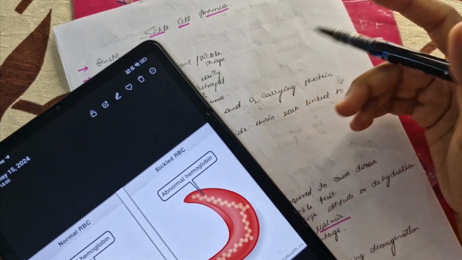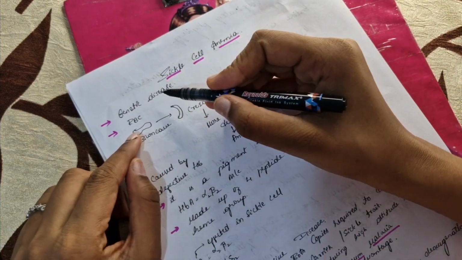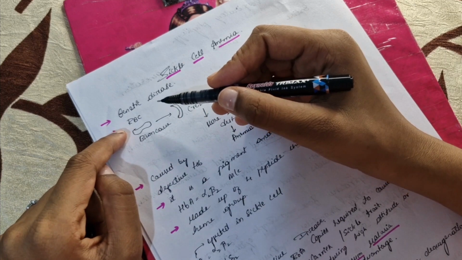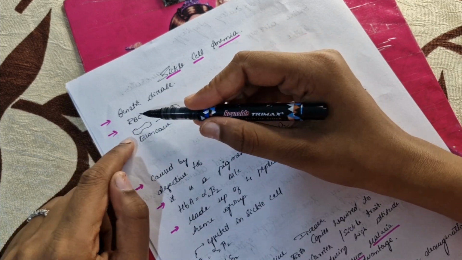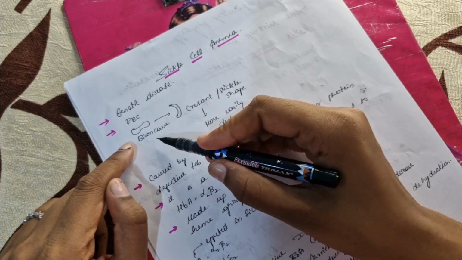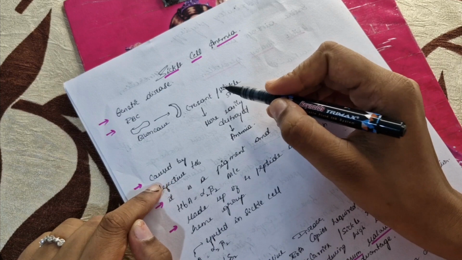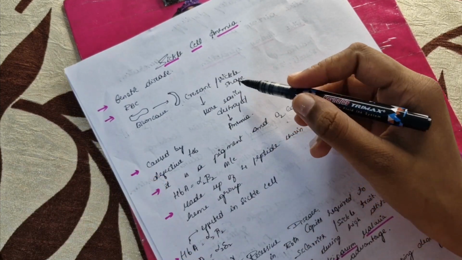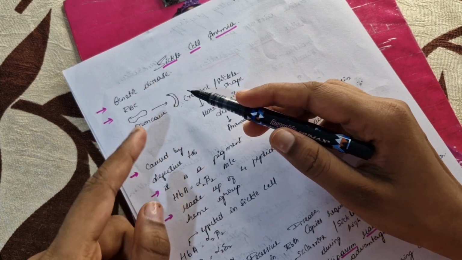We will see the diagnosis, treatment and everything in this. Sickle cell anemia is a genetic disorder, and as it is a genetic disorder, it is acquired from birth as an inherited disease, and the shape of the RBC, normal biconcave RBC, has become crescent shape. Crescent shape is also known as sickle shape, and it is more easily destroyed, and it occludes the blood vessels.